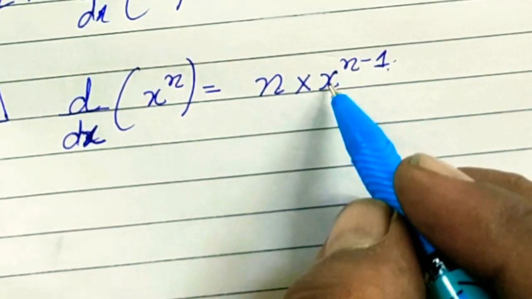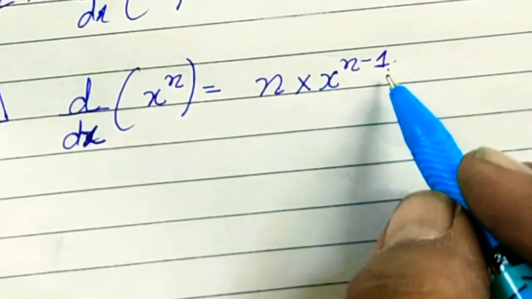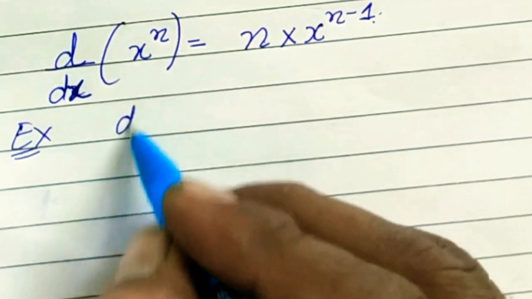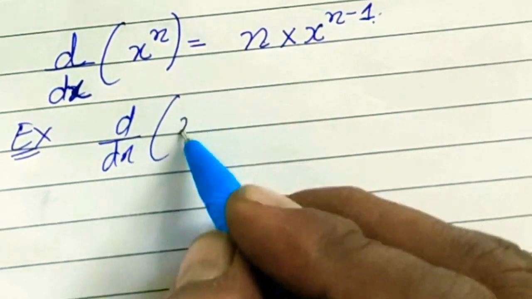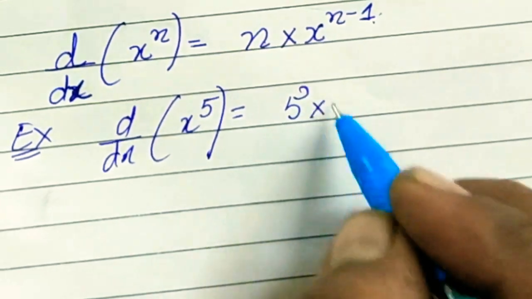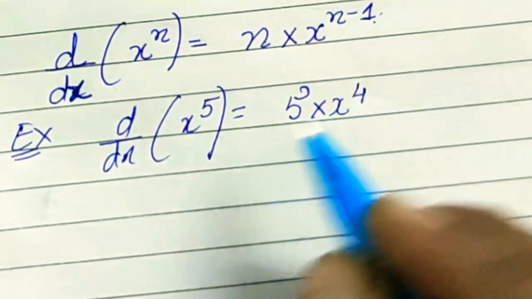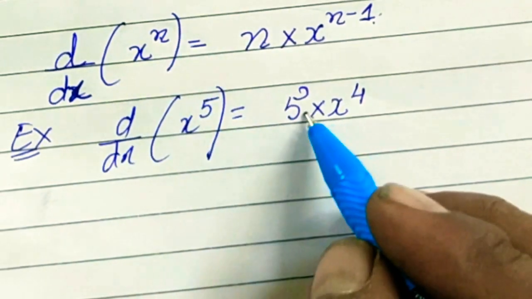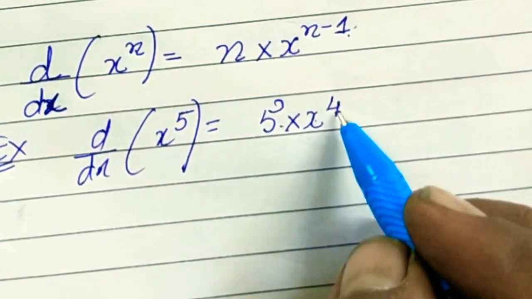Take the power outside and reduce the power of x by 1. Let's see it with an example. Suppose the question is x to the power 5. So what will be its differentiation? 5 multiplied by x की power 4. Substitute n with 5, then 5 is outside and then the power is 4.